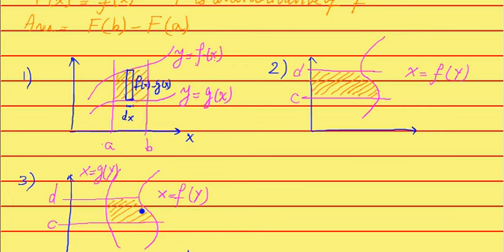What if you had a picture lying on the side like this, when x is given as a function of y? This is the simple case, and this would be similar to what we looked at in problem number 1. Well, it makes sense to try to cut this up horizontally. Let's create your slices this way.